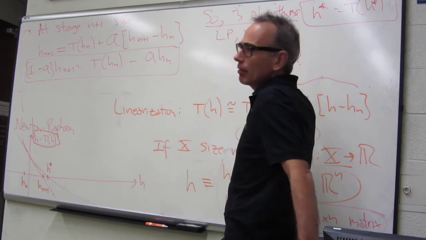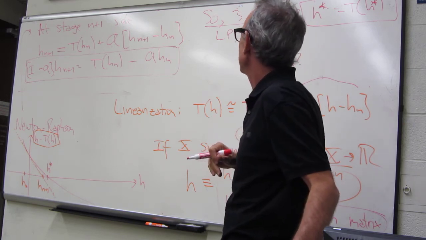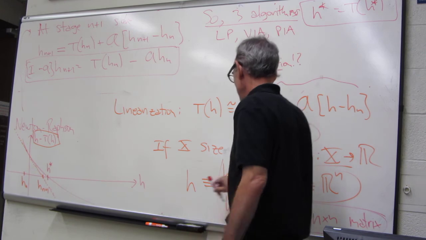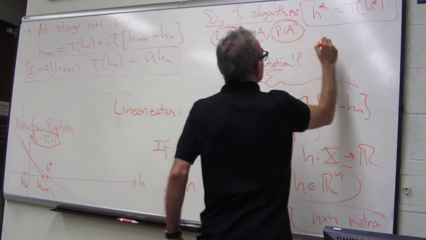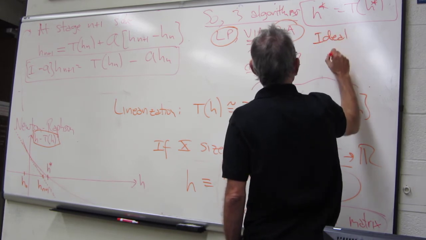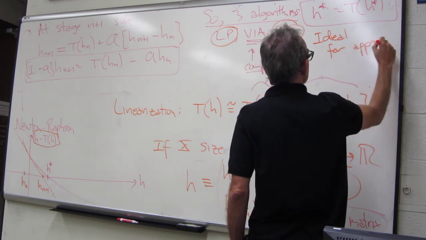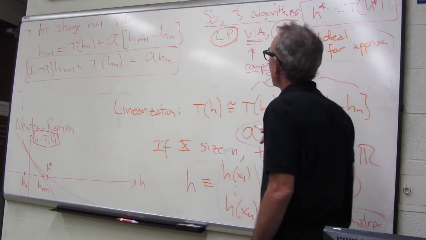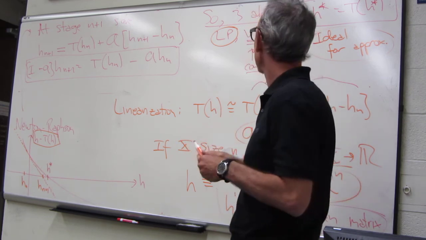And when we do see policy iteration, it's going to be useful as well, because both of these are good for approximation. So that's the reason for introducing three. So it depends on the setting.